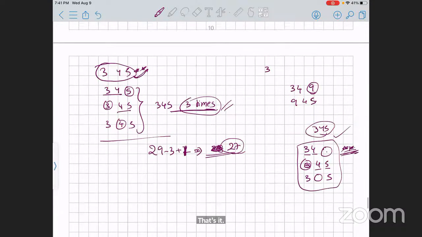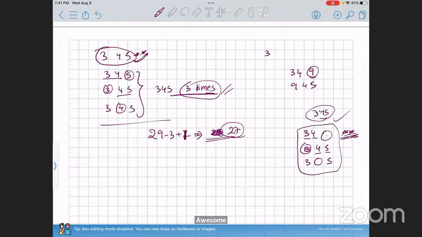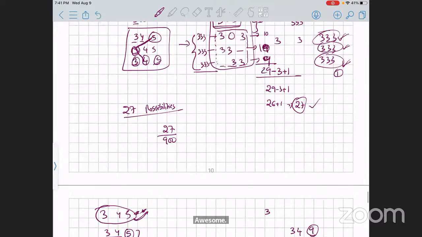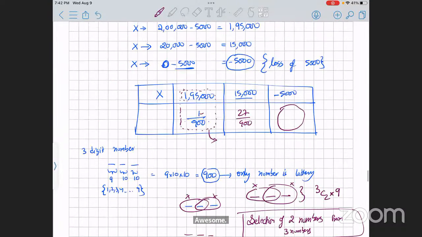For all three, the possibility is 1 by 900. This is if we select 900, the first one is 1 by 900. And 27 by 900 means all three digits match. And this is 2 digits match, 27 by 900. And finally 1 minus 1 by 900 minus 27 by 900.